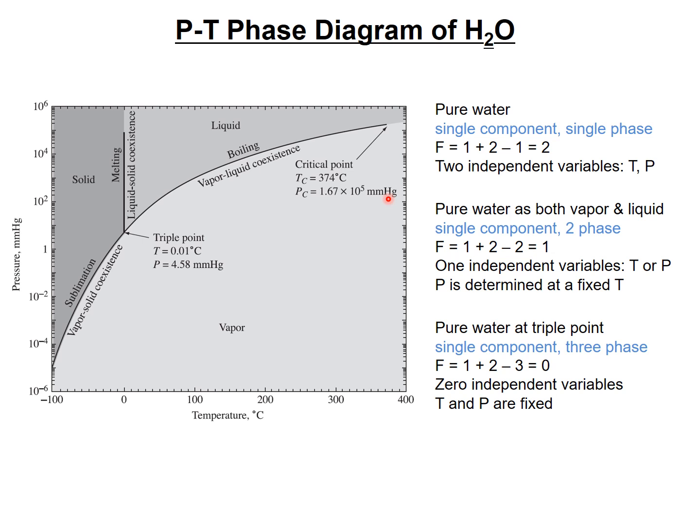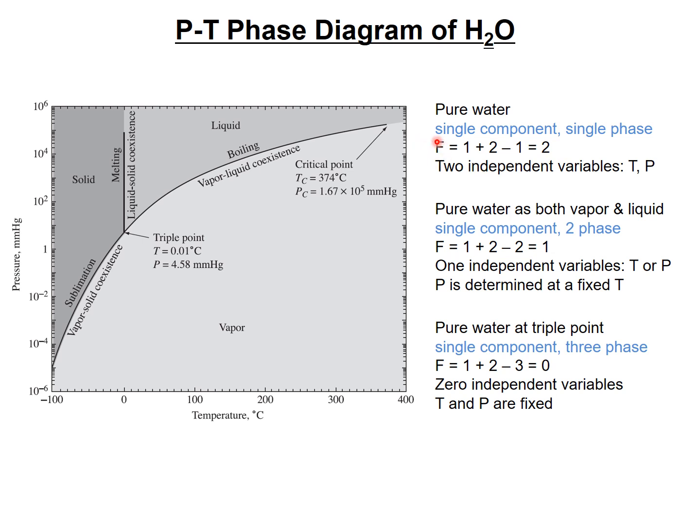Then let me use the Gibbs phase rule to check the degree of freedom. Pure water, here meaning liquid water, has a single component and a single phase, of course.